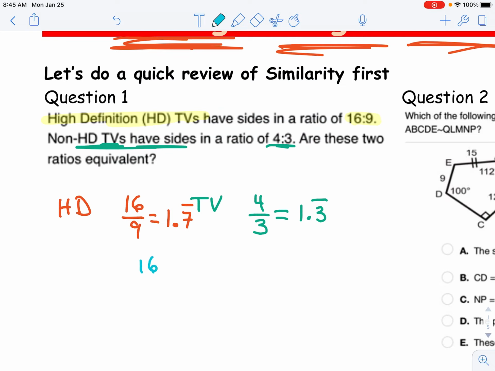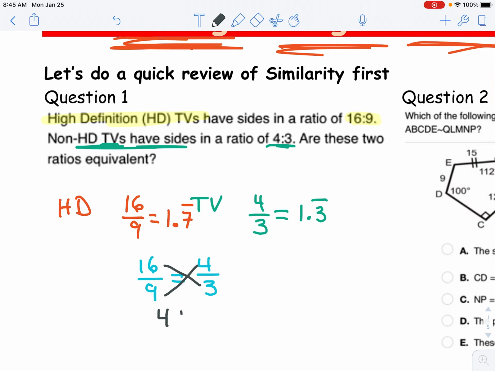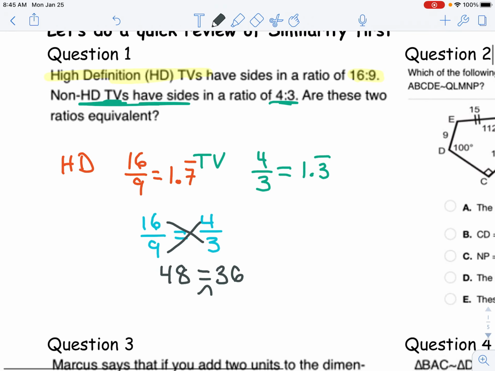Before I write no, though, I want to show you a different way. You can say, well, 16 to 9, does that equal 4/3? I've seen some students like to cross multiply, and you get 48 equals 36. That's false. 48 does not equal 36. That's preposterous, that's silly.